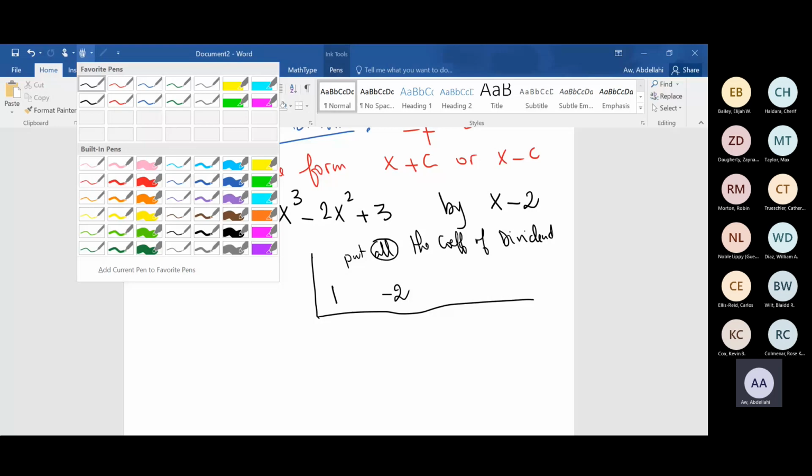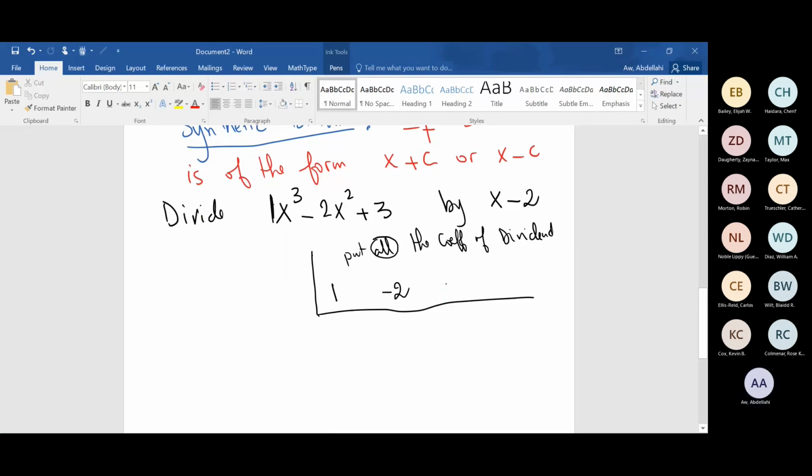Do not forget 0, that is very, very important. If you forget 0, you're going to absolutely change the polynomial. And then what is the last one? 3.